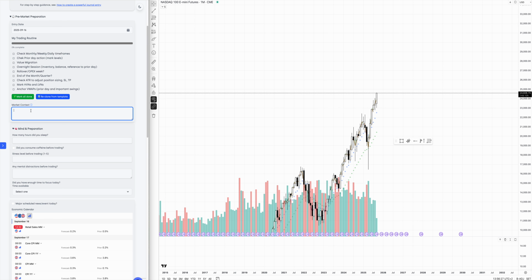How I do it is start writing down all that I observe in the markets. Okay, monthly is clearly up.